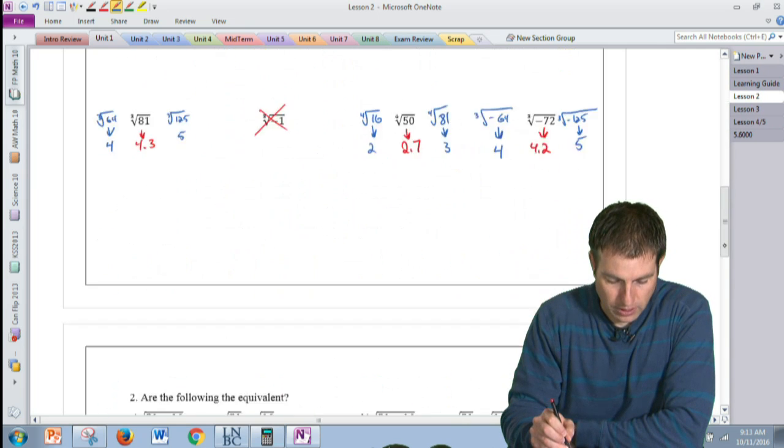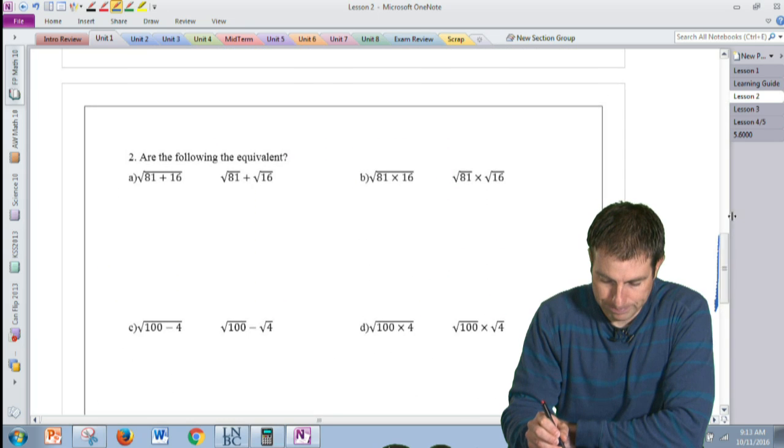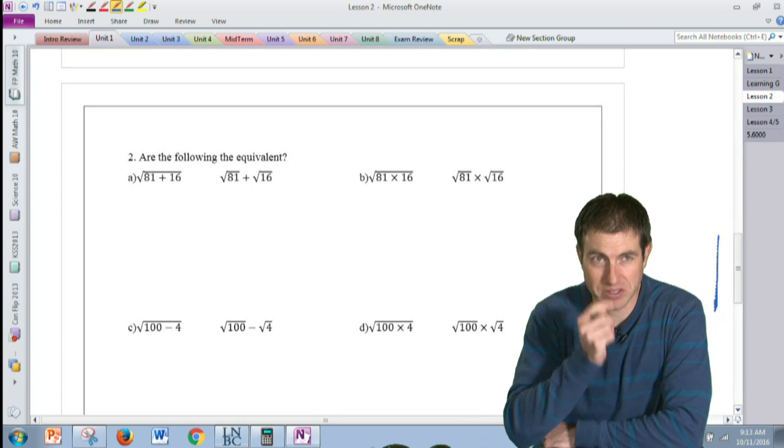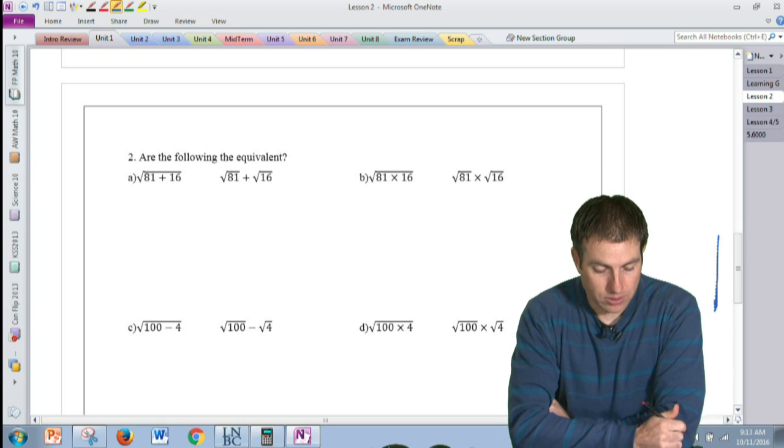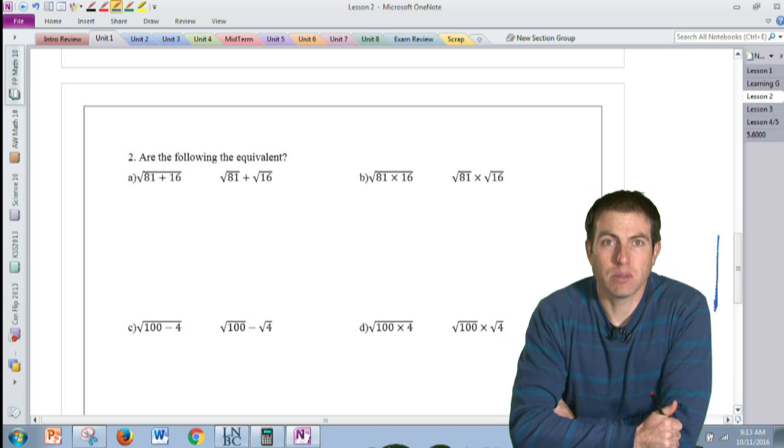So let's look at a few of these to just get warmed up. Are these equivalent? When we are dealing with radicals, it's important to treat them kind of like brackets.